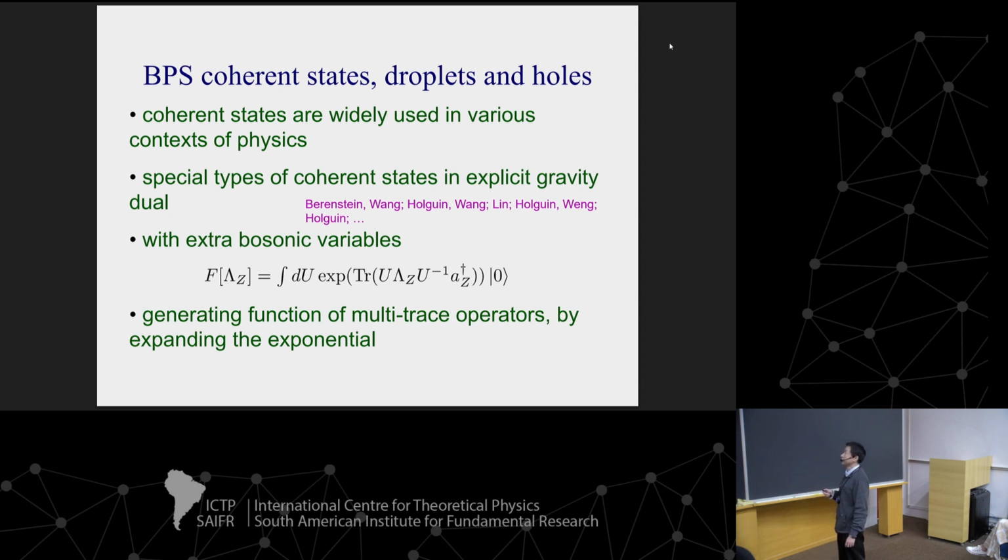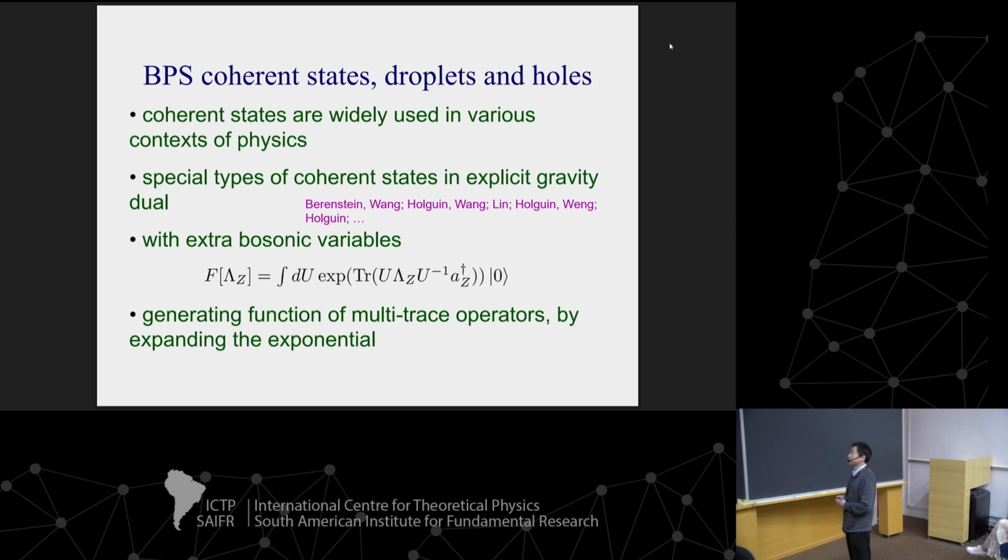Another interpretation is that one can move the U onto the right of the A_Z dagger, and the U acts on the A_Z dagger. In the second interpretation, it means the state is gauge invariant. And this coherent state is also a group averaged coherent state because of the U integral.